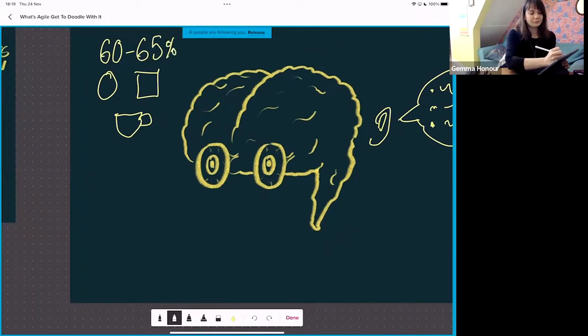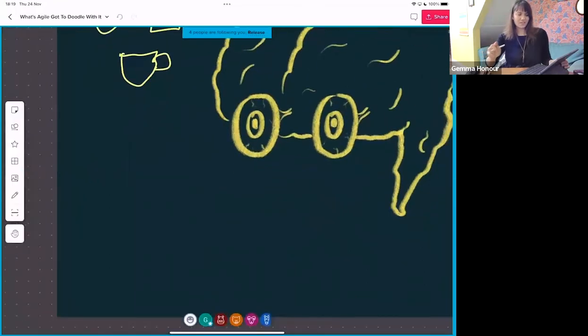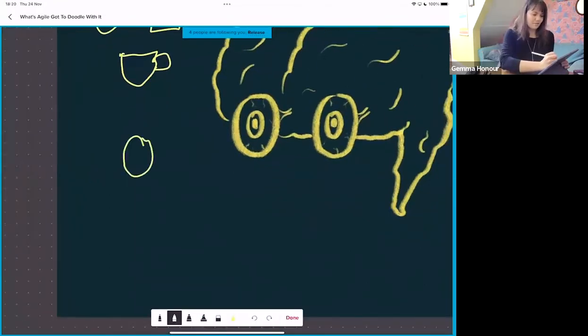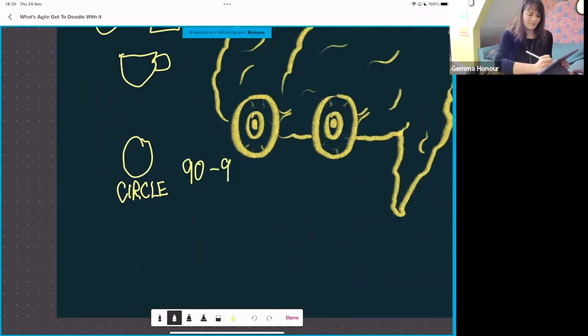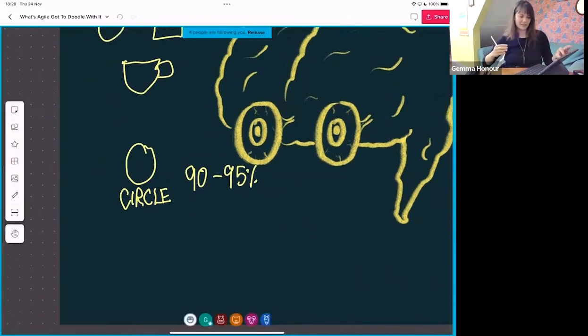But what's really interesting is if you combine a visual, say a circle, and the word circle, the recall goes up to between 90 and 95% ability to recall the list a week later. It's a really marked difference.